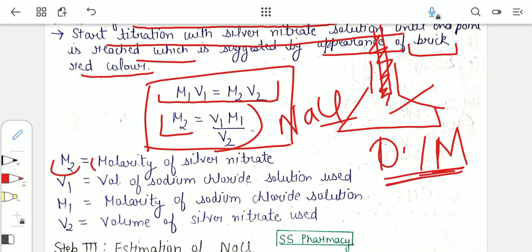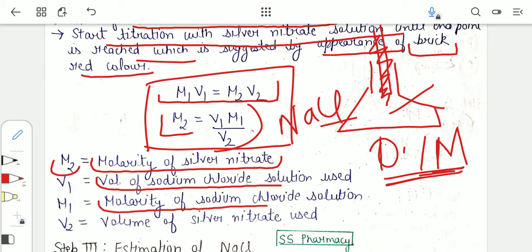M2 is the molarity of silver nitrate, V1 is the volume of sodium chloride used, M1 is the molarity of sodium chloride, and V2 is the volume of silver nitrate used. These last three values we can easily calculate from this titration, and finally we will know the actual strength of our silver nitrate solution. When we know its actual strength, we can say that our solution has been standardized. I hope this is clear to you.